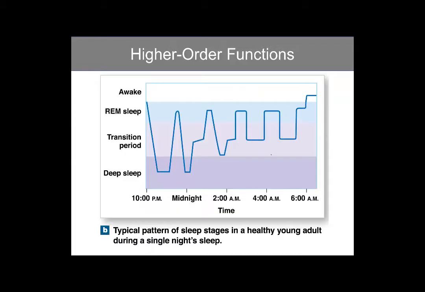This is a typical pattern of sleep stages in a healthy young adult during a single night's sleep. You can see they fluctuate from REM sleep to a transitional period that leads to a deep sleep, and then of course they zigzag all through that activity. One thing to note is that the REM sleep periods do get longer as the night progresses.